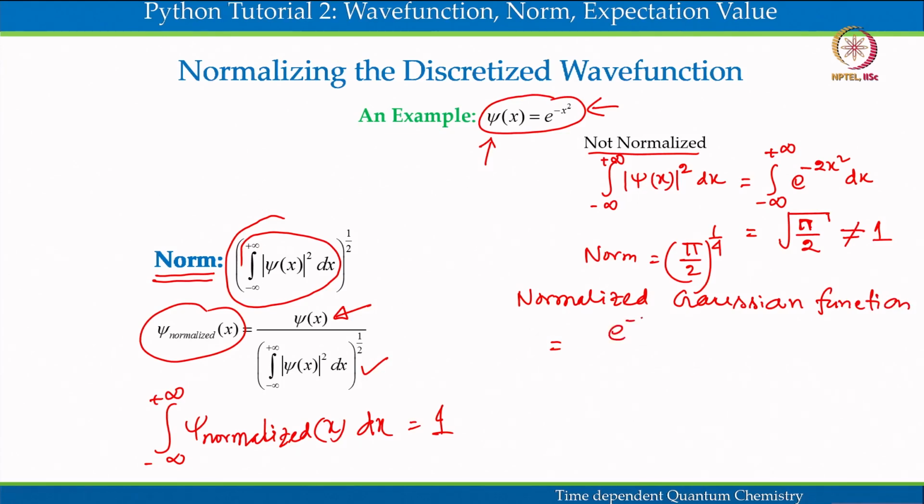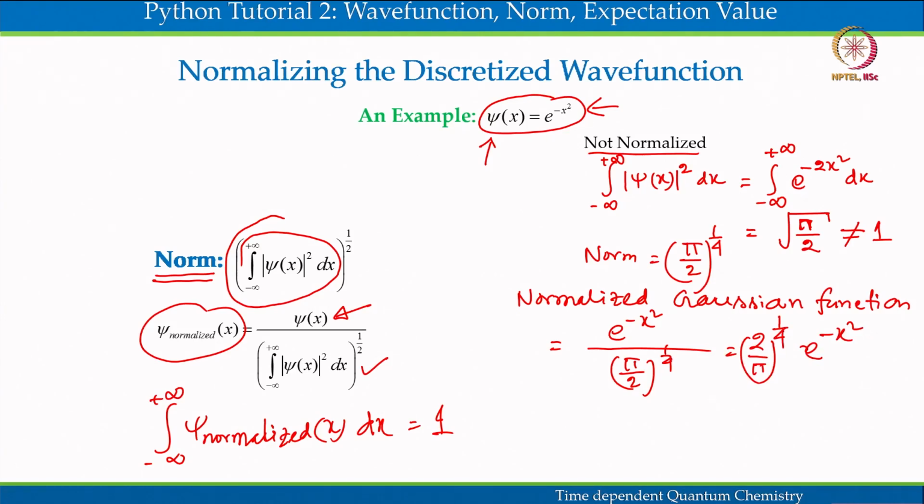So it is e to the power minus x square, and I am dividing by the norm which is pi by 2 to the power 1 by 4. So this is nothing but 2 by pi to the power 1 by 4 e to the power minus x square. That is the normalized Gaussian wave function.